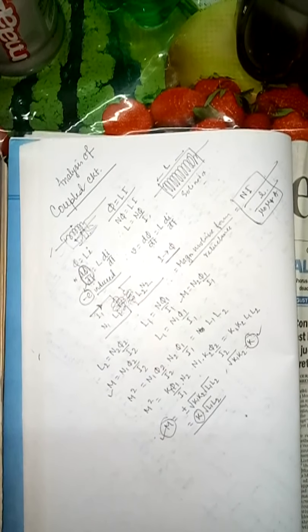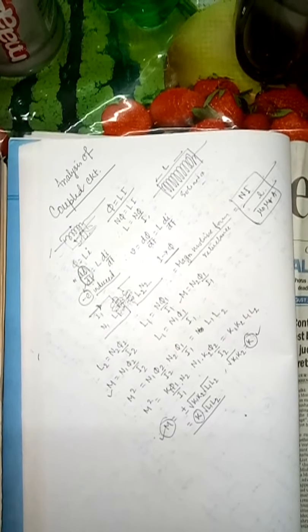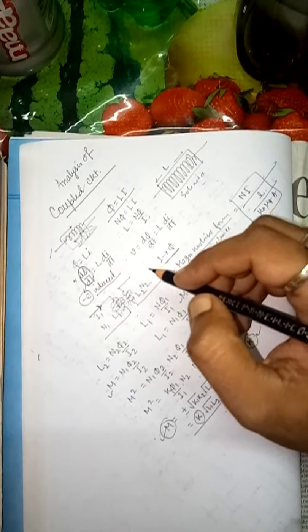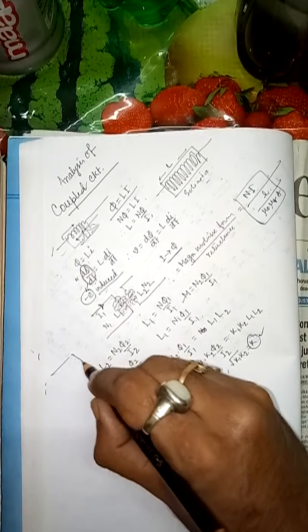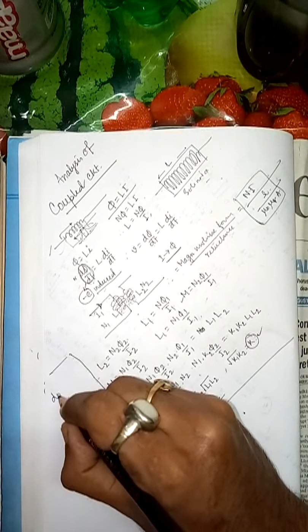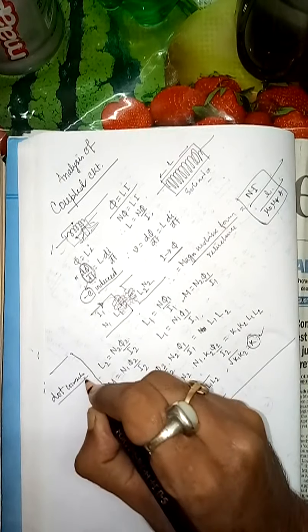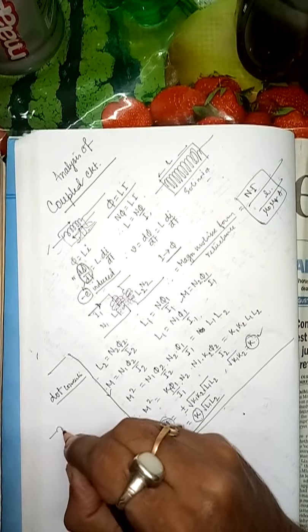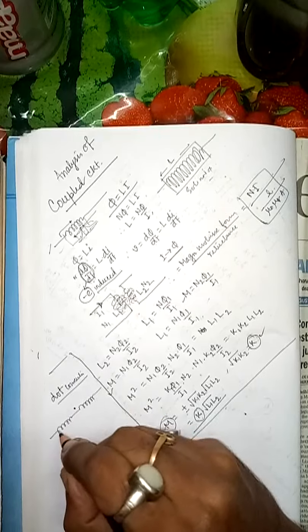Now after having that knowledge of mutual inductance and coefficient of coupling, we should directly move on to a particular interesting thing which we didn't study earlier, that is called the dot convention. So what is dot convention? Suppose it is one inductance, it is another inductance, and you are giving dots in this way.